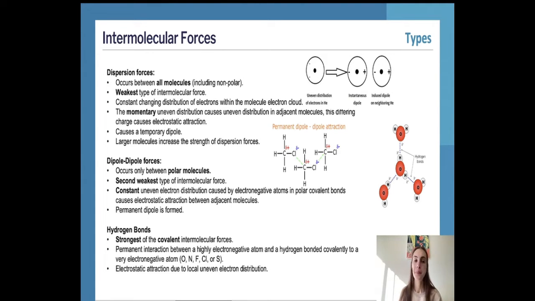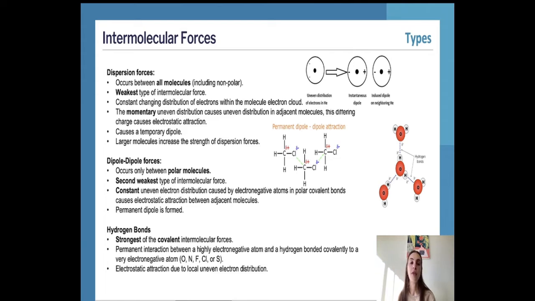And so with our intermolecular forces, they're basically the forces that hold all molecules together and provide them with a great deal of structure. So consider like the chair that you're sitting on. Without intermolecular forces, it would just be a whole bunch of separate atoms and it basically wouldn't be a solid.